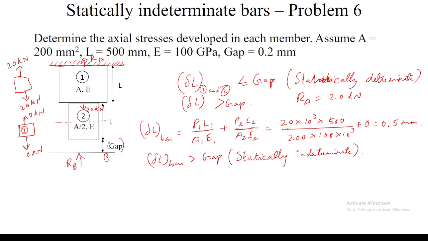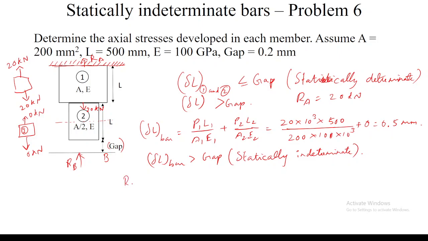For any kind of statically indeterminate system, I will introduce the unknown forces opposite to the direction of the net axial load. Here the net axial load is towards the downward side. So I will be introducing two reactions in the opposite direction to the net axial load. Okay.